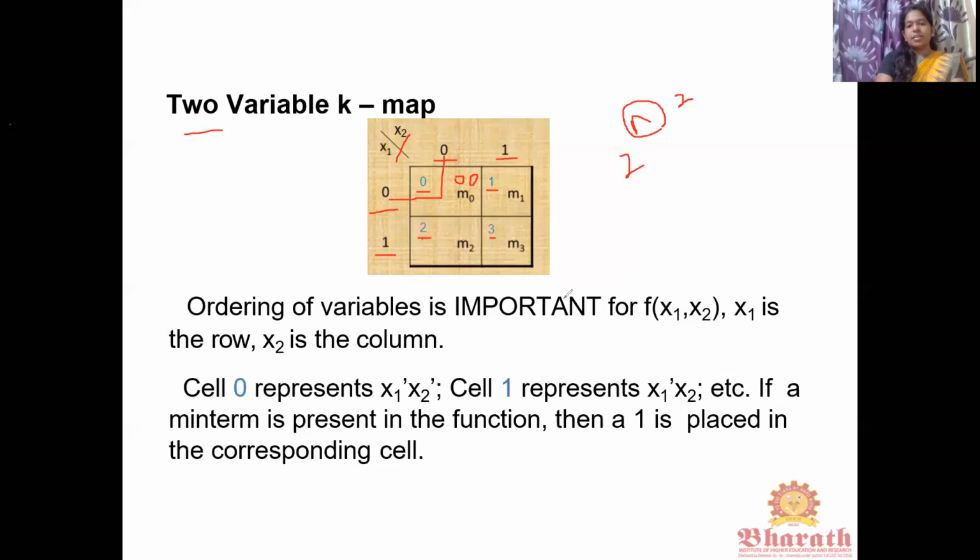Cell 1 represents 0, 1 value. 0, 1 means x1 complement, x2. See here, we have to take the row first, then the column. This is 1, 0. 1, 0 means x1, x2 complement. Likewise, you have to use the representation of the cells.